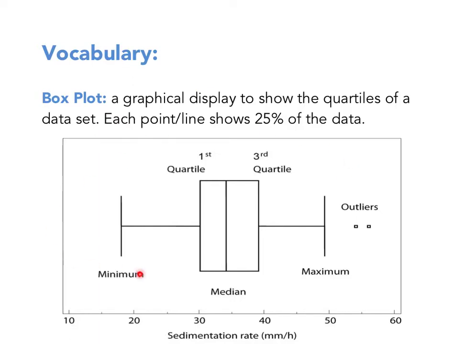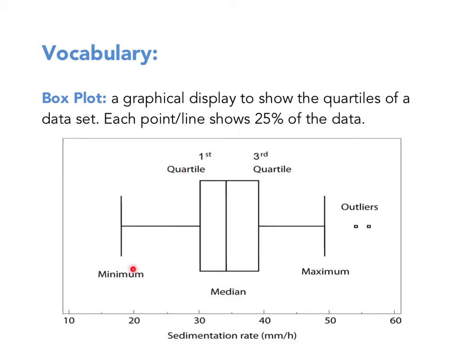So if we look at this example of a box plot, you're always going to have a number line or at least numbers under your box plot so you know what each of the values are. So we can tell that the minimum will always be the first mark, and that's probably at about 17, I'd say.